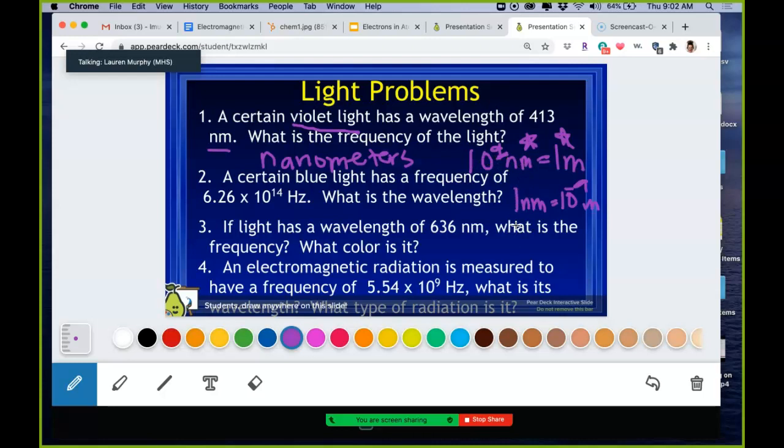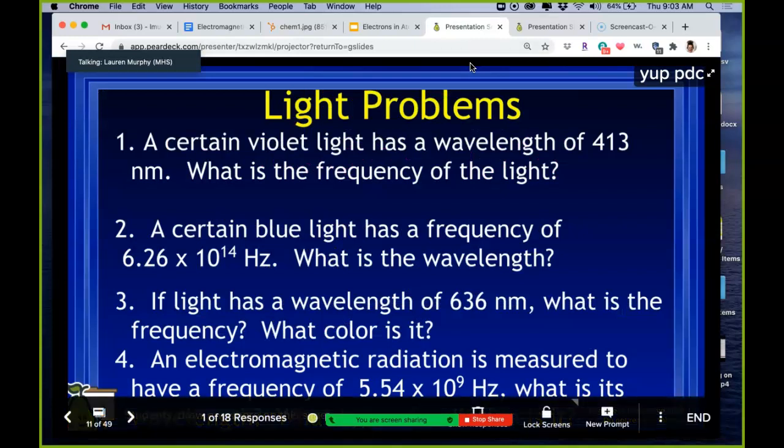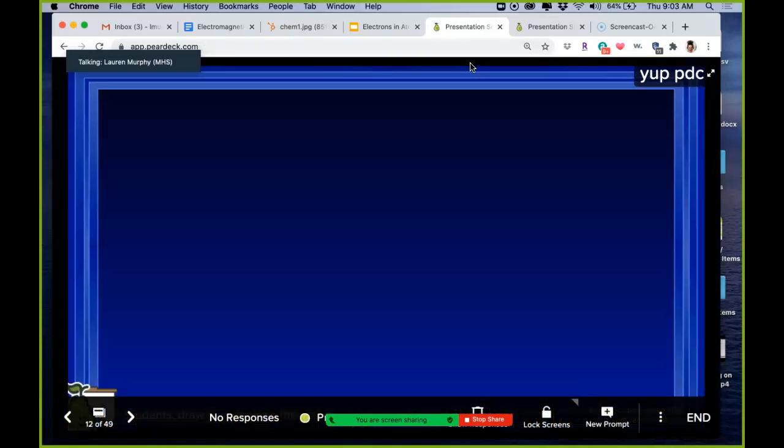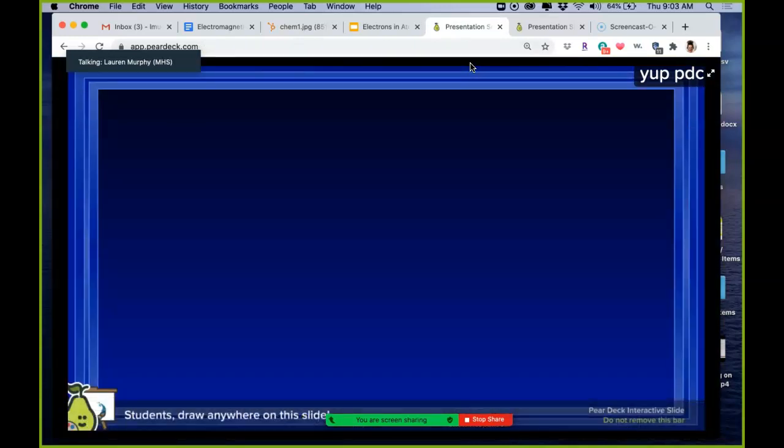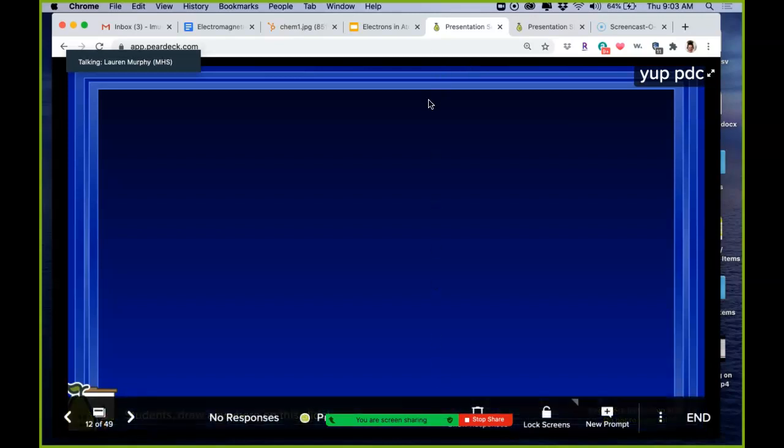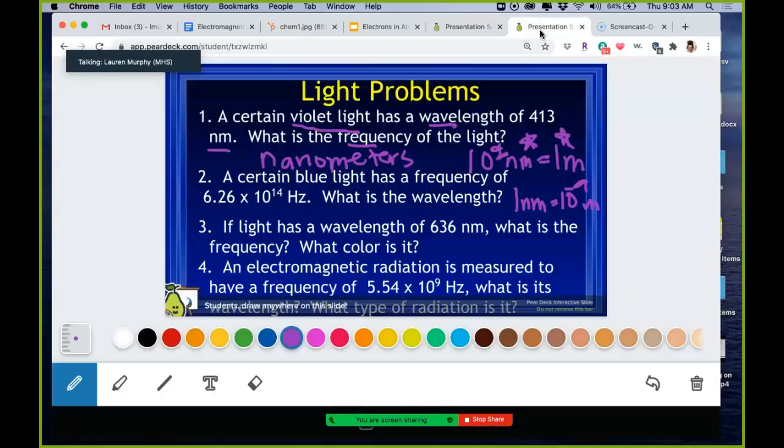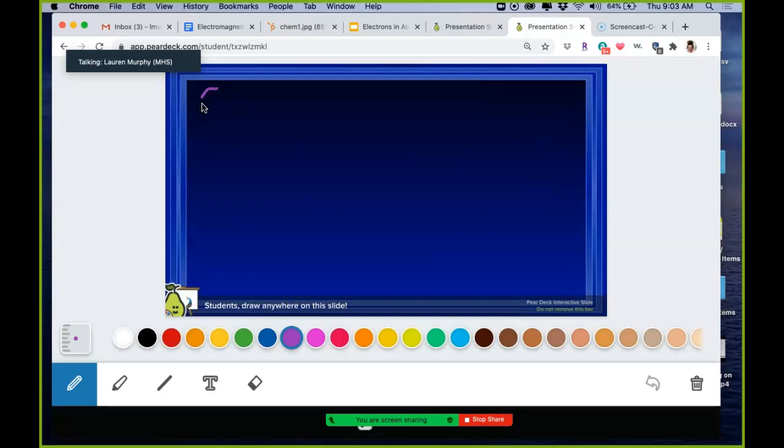So in order to do these problems, I give you wavelength, I ask for frequency. We have to have an equation. So what equation do we use? Well, you have to go back to your equation from the beginning of this chapter and see that this equation has wavelength and frequency in it.